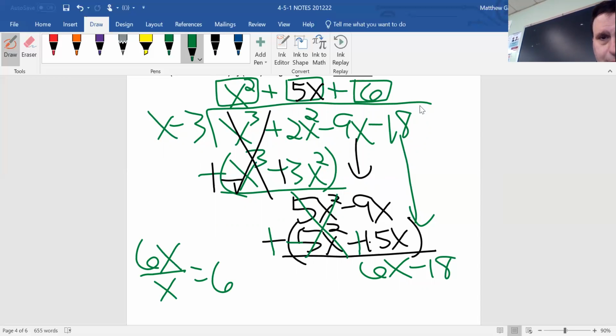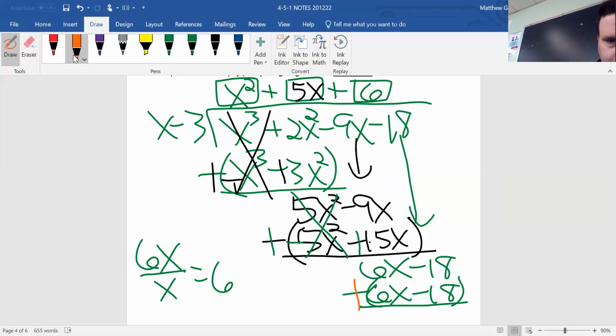And then apply the distributive property again. 6 times x is 6x. 6 times negative 3 is negative 18. Subtract going down. So we add opposites. So that 18 becomes a positive. So everything here should cancel.